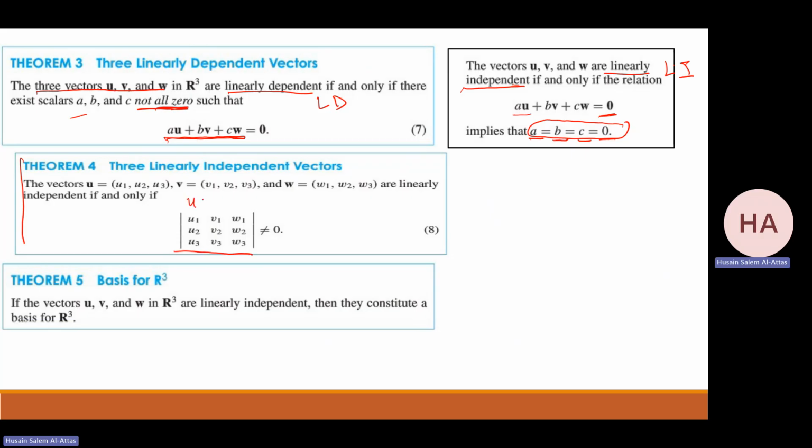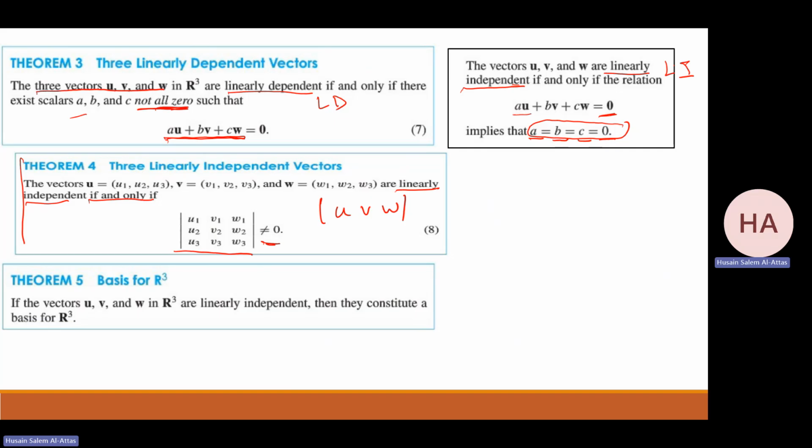I list the vectors U, V, W, and then find the determinant of that. If the determinant is not equal to 0, then we call them linearly independent. And if the determinant is equal to 0, then they are linearly dependent.